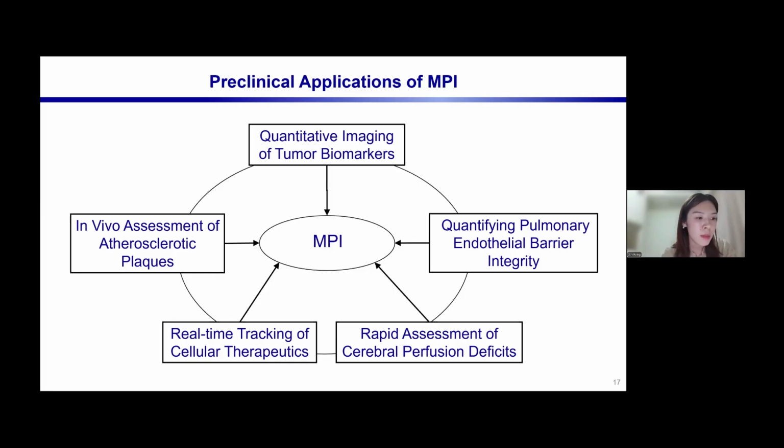Our team has explored a wide spectrum of applications, including tumor molecular imaging in vivo, and also in vivo assessment of cardiovascular plaques, pulmonary imaging, cell tracking, and brain imaging or cerebral perfusion imaging.